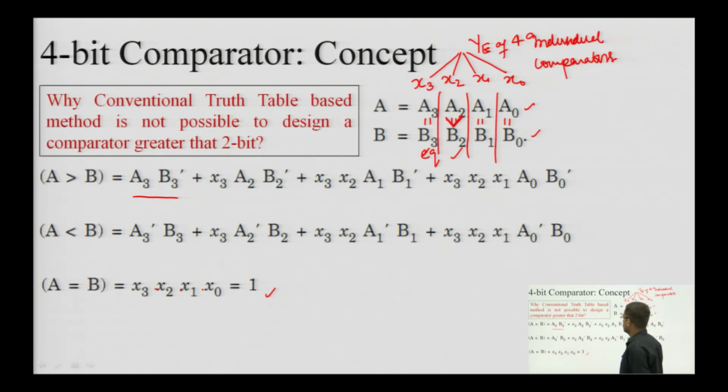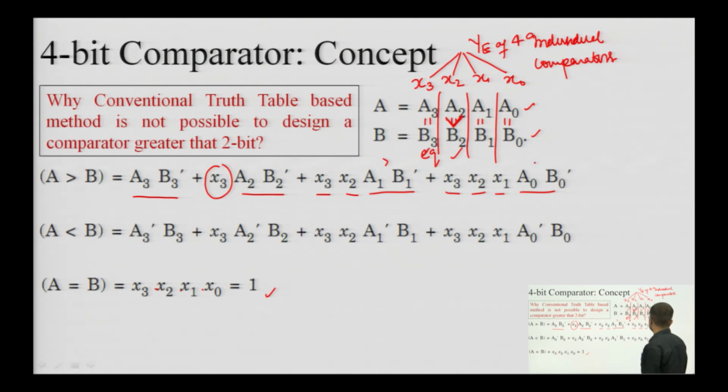So, if A2 is greater than B2, A2 B2 bar, considering the fact that x3, that means A3 is equal to B3. Similarly, the next possibility is that A1 is greater than B1, considering the fact that A3 is equal to B3 and A2 is equal to B2. Similarly, when A3 is equal to B3, A2 is equal to B2, A1 is equal to B1, the only possibility of greater expression will be A0 greater than B0.